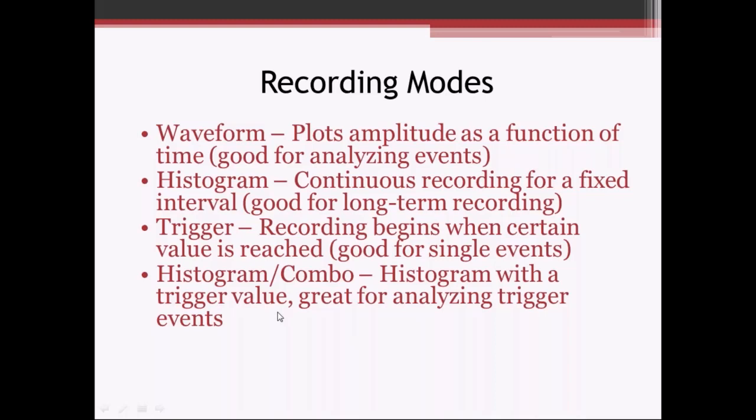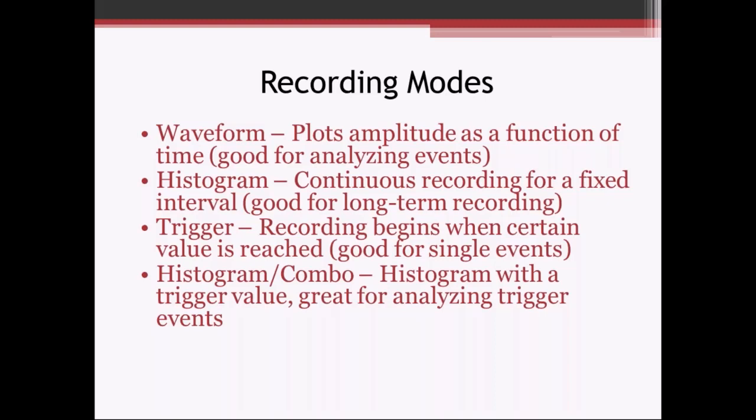And then another mode that we use, probably more common than any other one, is the histogram combo mode, which is a combination of the histogram mode and a trigger mode. It records in histogram mode every minute or maybe every 5 minutes until a certain threshold value is reached, and then it goes into waveform mode and records a waveform trace.